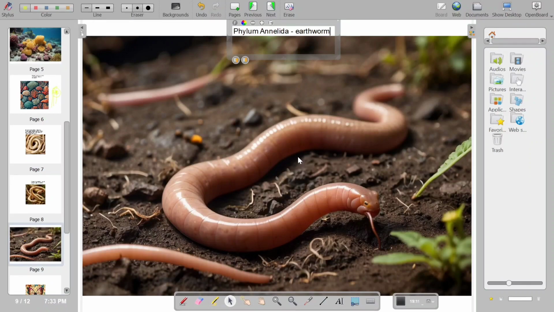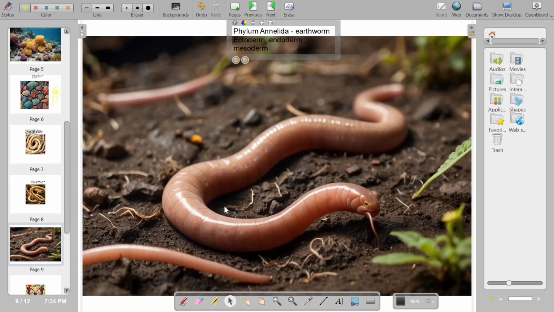Several segments are present in their body one by one. These are triploblastic animals. As I have explained, diploblastic animals have two types of cell layers: ectoderm and endoderm. Here, ectoderm, endoderm, and in the center region, instead of mesoglea, mesoderm is present. So three types of layers are responsible for the generation of the organism during embryo formation.